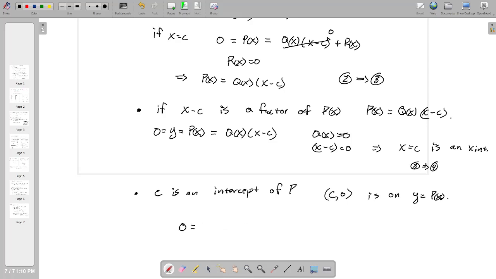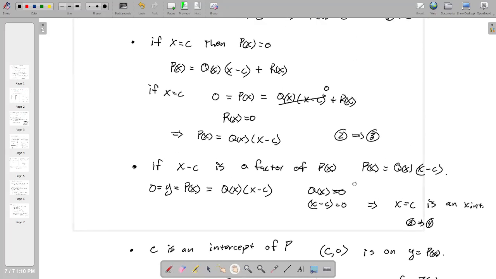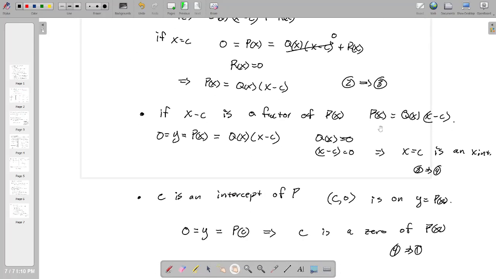So we have 0 is equal to y is equal to p of c, which implies then that c is a 0 of p of x, which is what we wanted to show. So we have that 4 implies 1. So now we have 1 implies 2, 2 implies 3, 3 implies 4, and 4 implies 1. They're just different ways of saying the same thing.